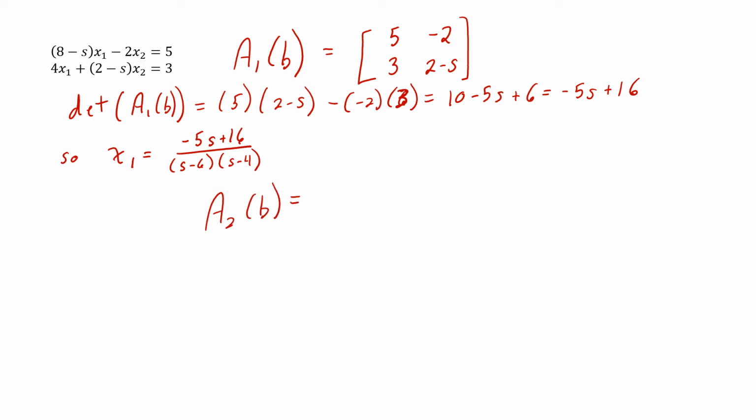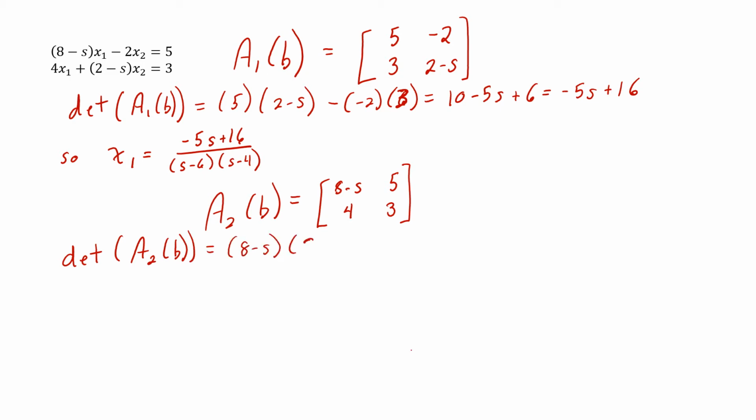A_2(b): you take A and you replace the second column of A with my values for b and figure out the determinant of that. So the determinant of A_2(b) is 8 minus s times 3 minus 5 times 4.